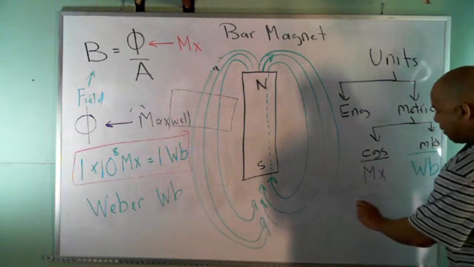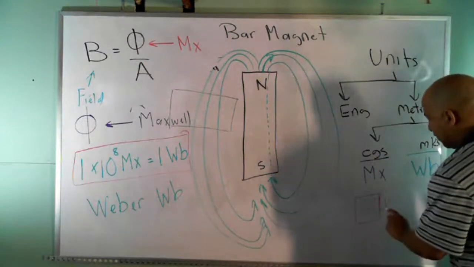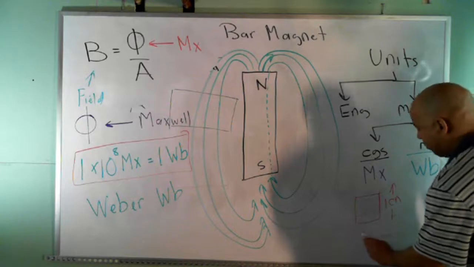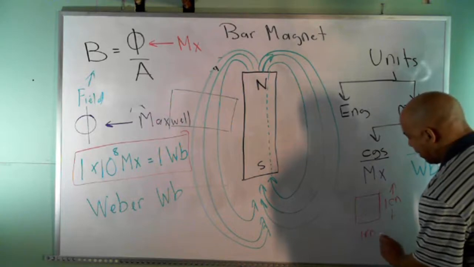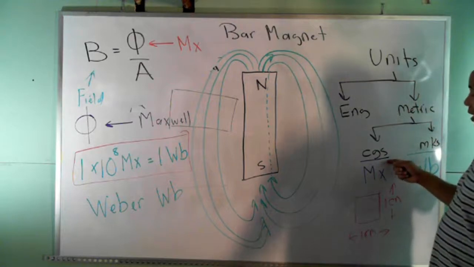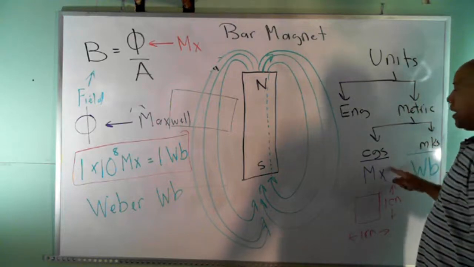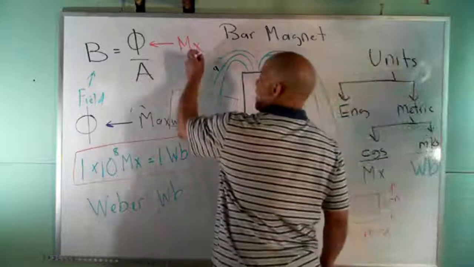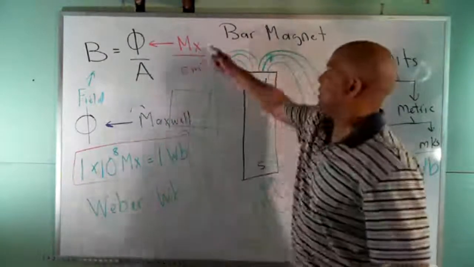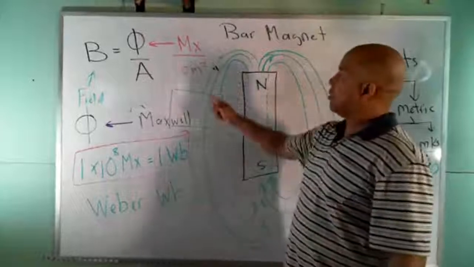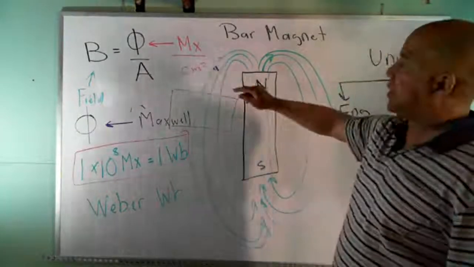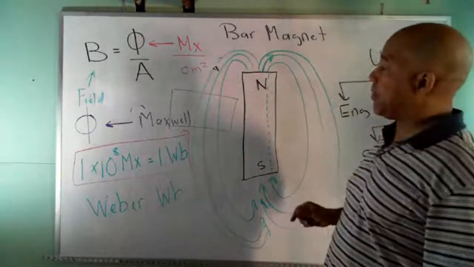I got a square, 1 centimeter this way and 1 centimeter that way. So this right here is in centimeters squared because I'm in CGS units. So one way to talk about the flux density is Maxwells per centimeter squared.